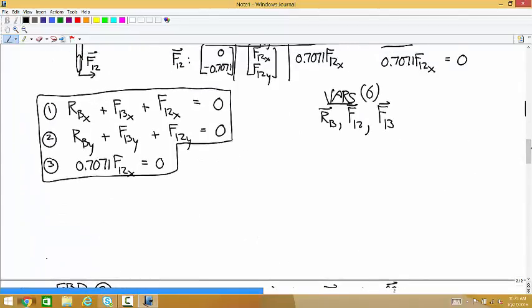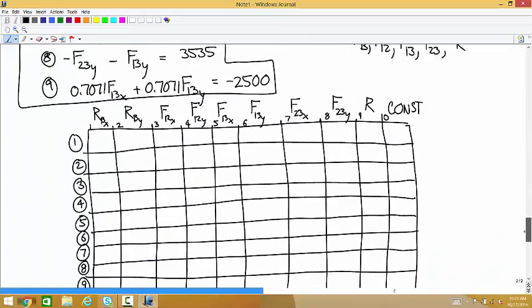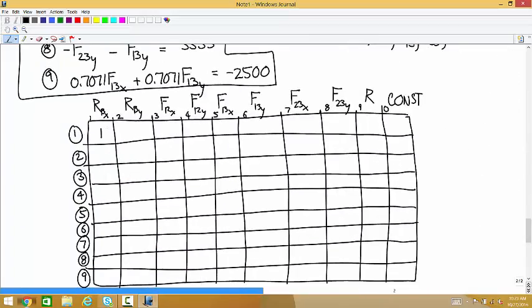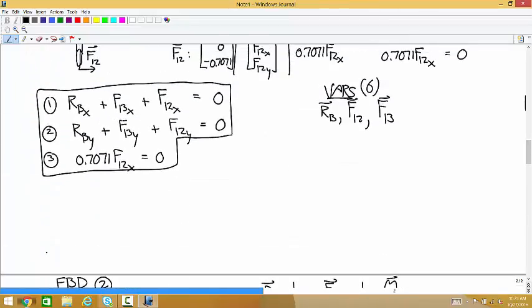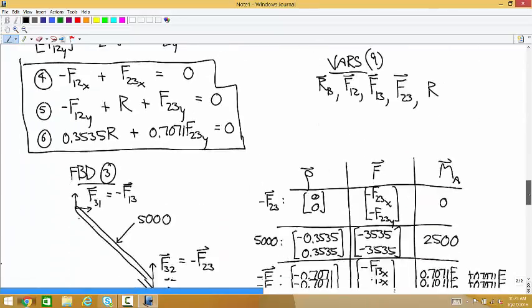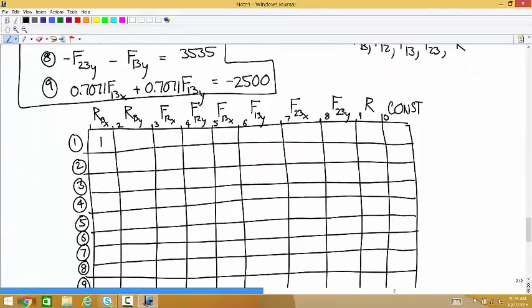Okay, so for equation 1, RBX we have 1. F13x we have 1. And F12x we have 1. And those all add up to zeros. Everything I don't have numbers in is 0.